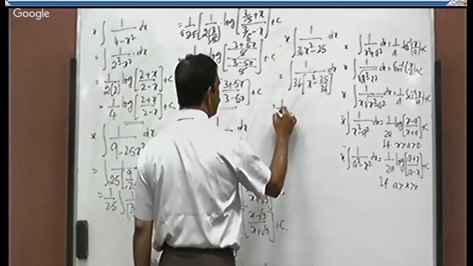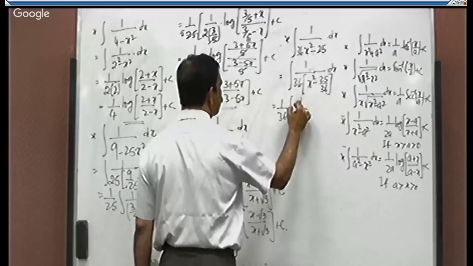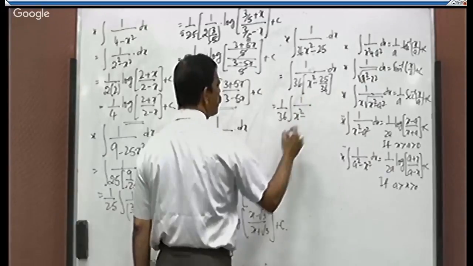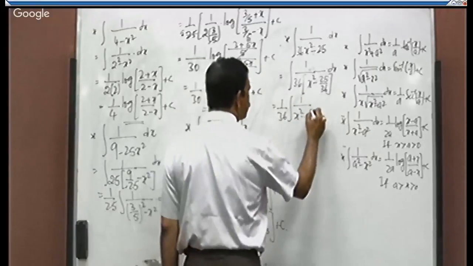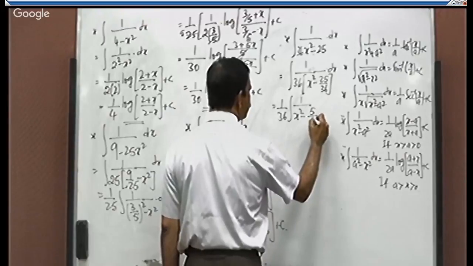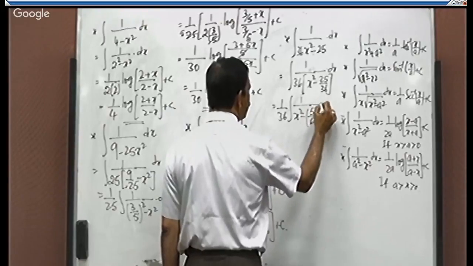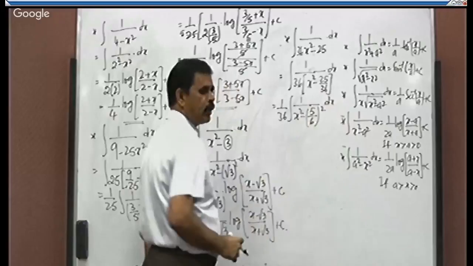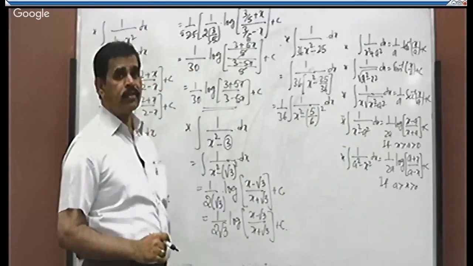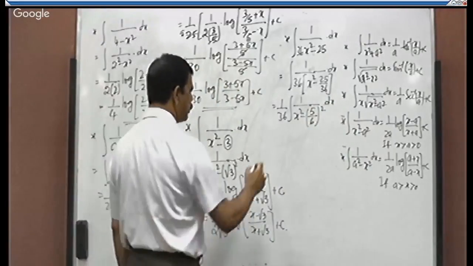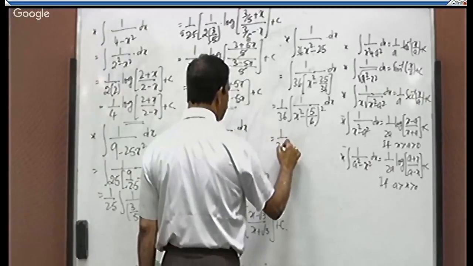Or it is 1 by 36 into integration of 1 by x square minus 5 by 6 whole square, because 25 can be taken as 5 square, and 36 can be taken as 6 square. It is equal to 1 by 36.